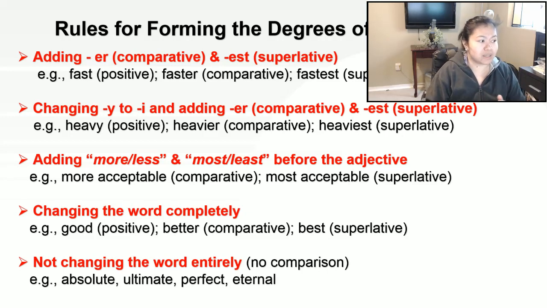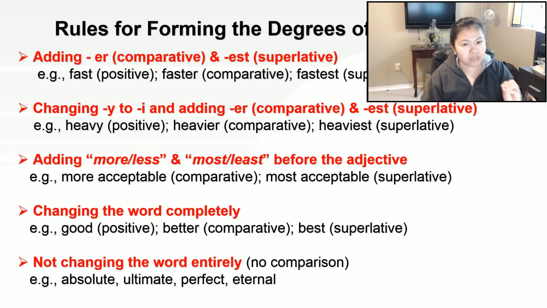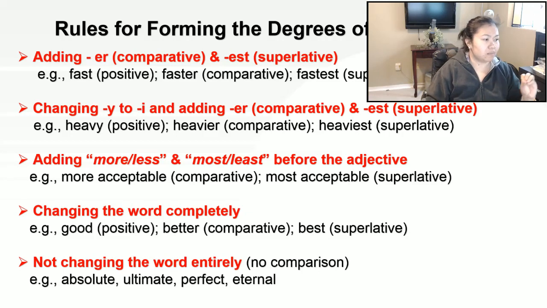Now you can also use least acceptable. Okay, so more acceptable, and then most acceptable, and then least acceptable. Now you can also form the degree of comparison when you change the word entirely.